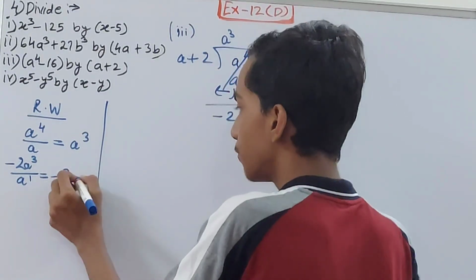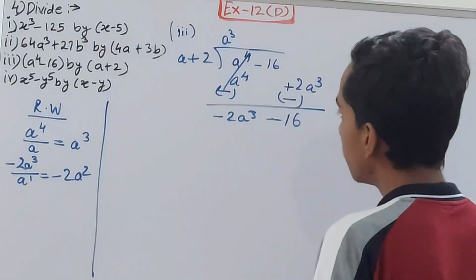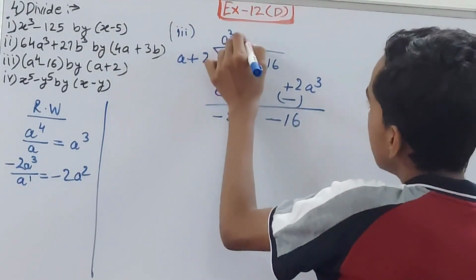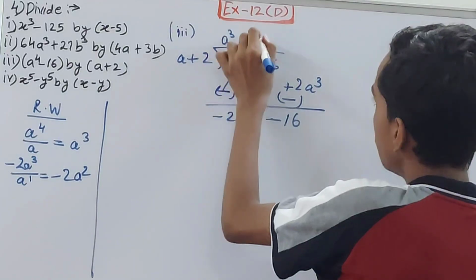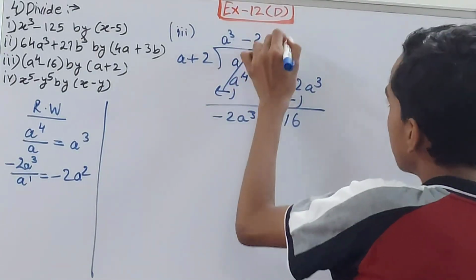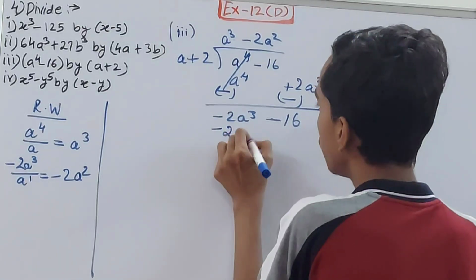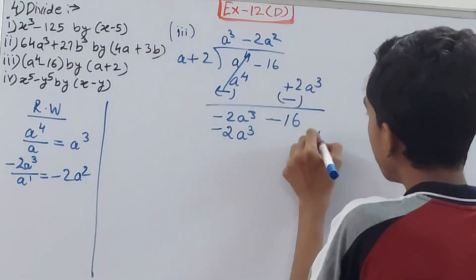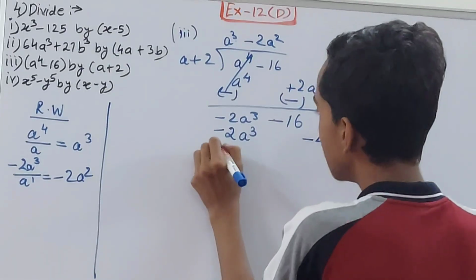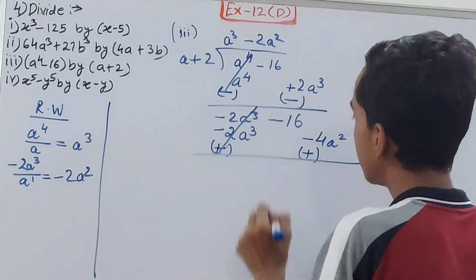So 3 minus 1 gives you A square, A to power 2. So what will you have here? Sorry, minus 2A square. Multiply minus 2A square and A, so minus 2A cube and then minus 4A square, right? Sign will change, here we'll have plus and here also plus. That will be cancelled out.